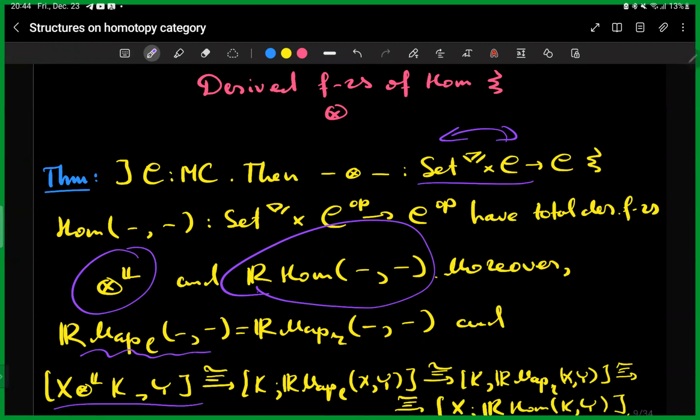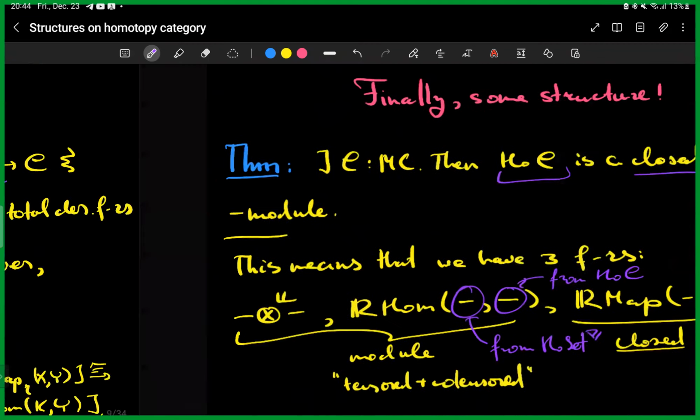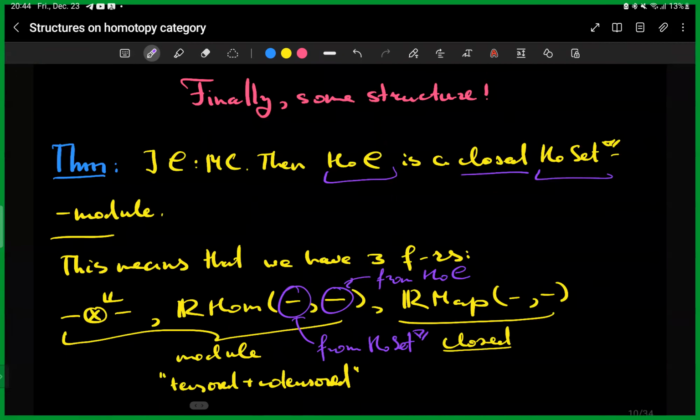So that's the first kind of structure that we can get on a homotopy category of a model category.